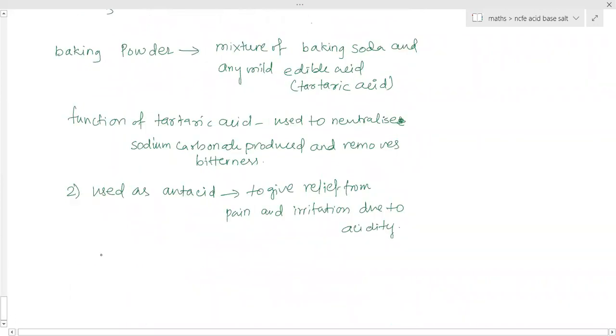And the third, it is also used in soda acid fire extinguishers.